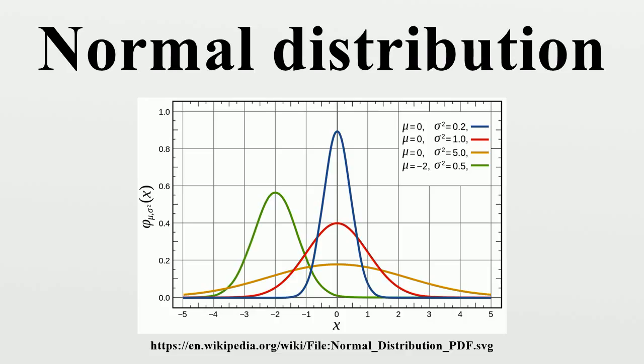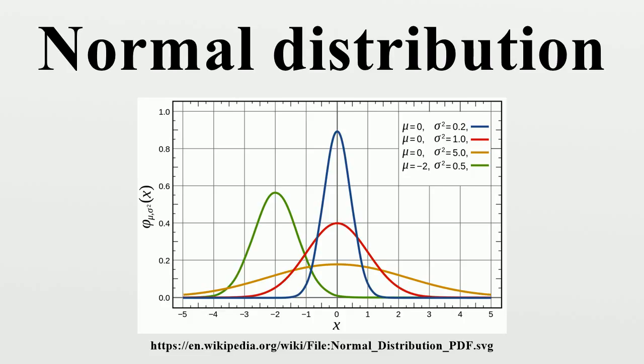Also, if X1, X2 are two independent normal deviates with mean mu and deviation sigma, and a, b are arbitrary real numbers, then the variable is also normally distributed with mean mu and deviation sigma. It follows that the normal distribution is stable. More generally, any linear combination of independent normal deviates is a normal deviate.